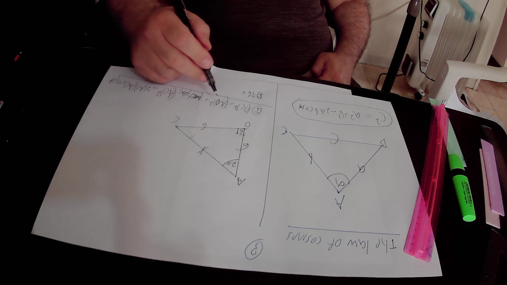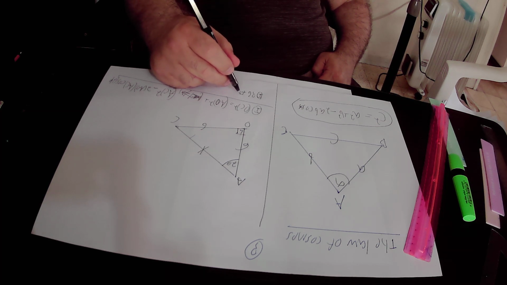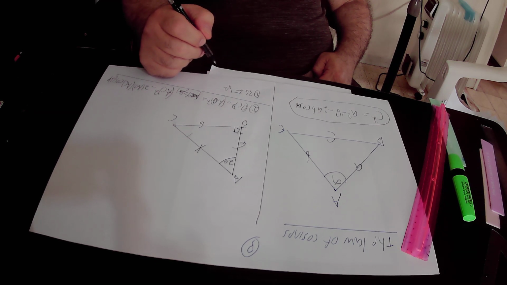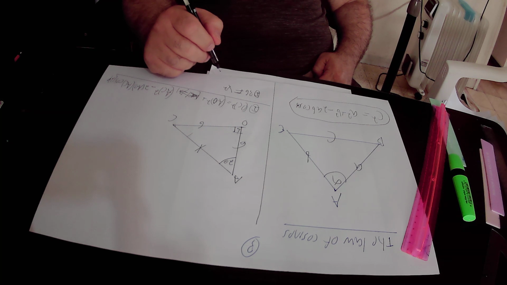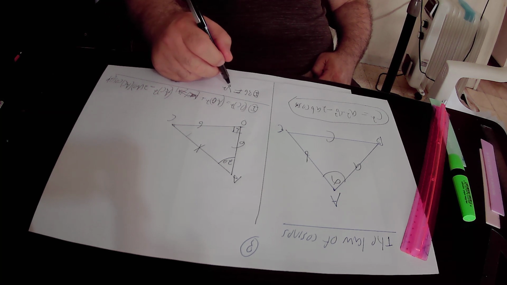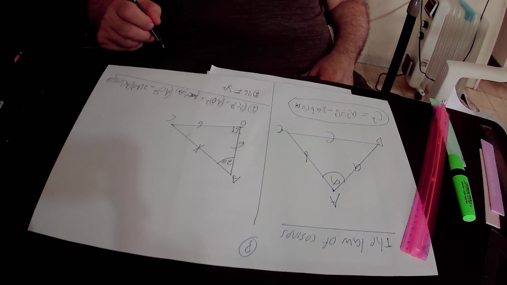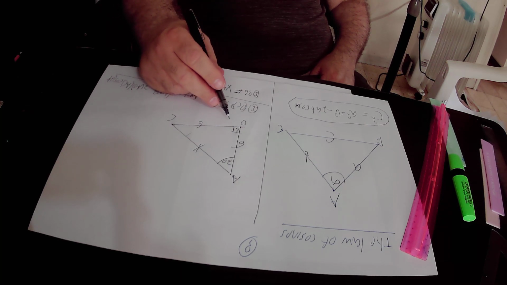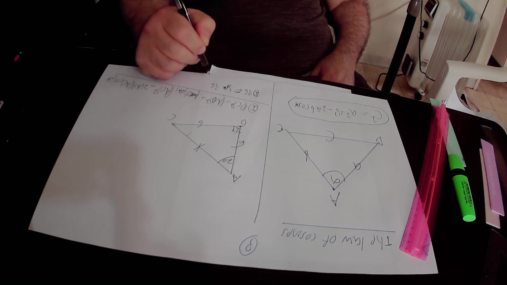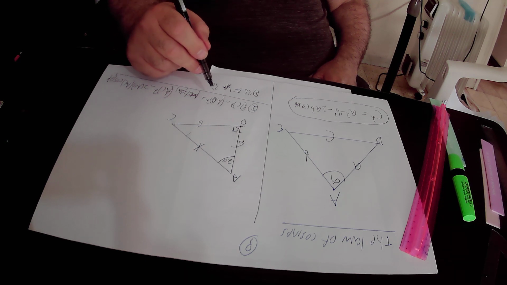AC equals X, so AC squared is X squared.